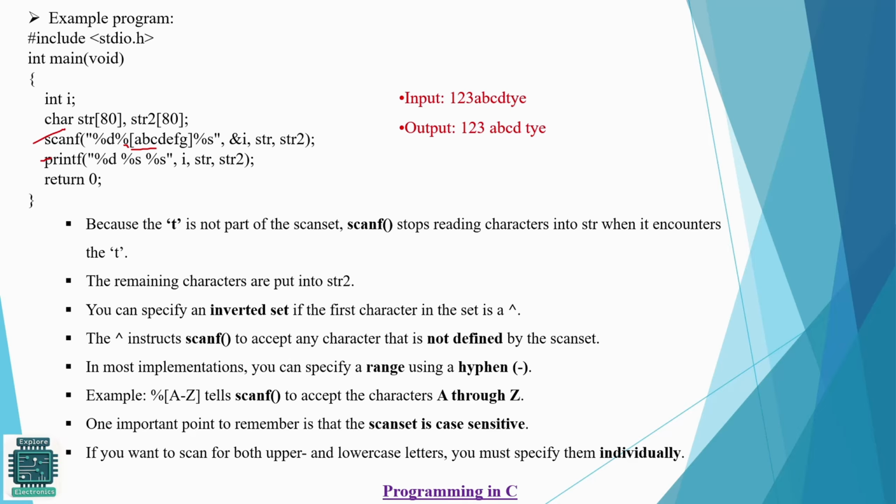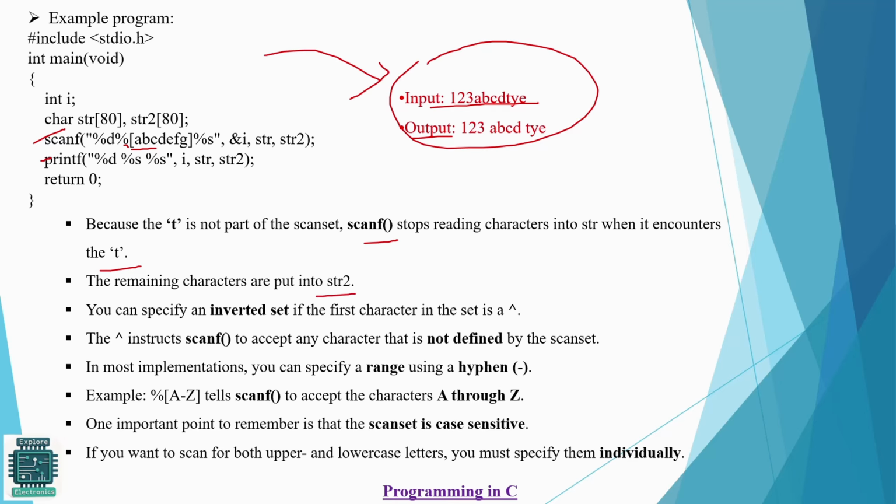This is the input: I have typed 1, 2, 3, A, B, C, D, T, Y, P, E. For output, I have got 1, 2, 3, A, B, C, D and then T, Y, P, E. Fine. This is the output of this program. Here, because the T is not a part of the scanset, scanf stops reading characters into the string when it encounters the T. So here the space is given. The remaining characters are put into string2.